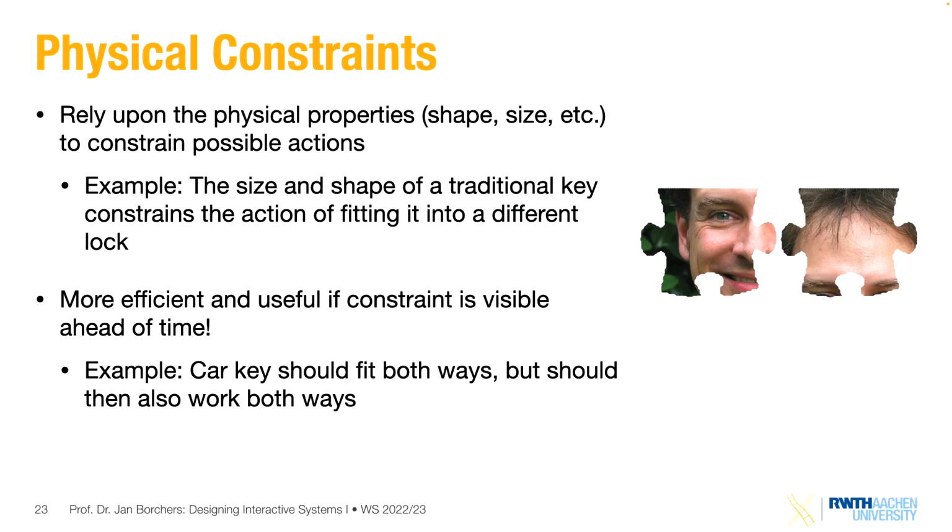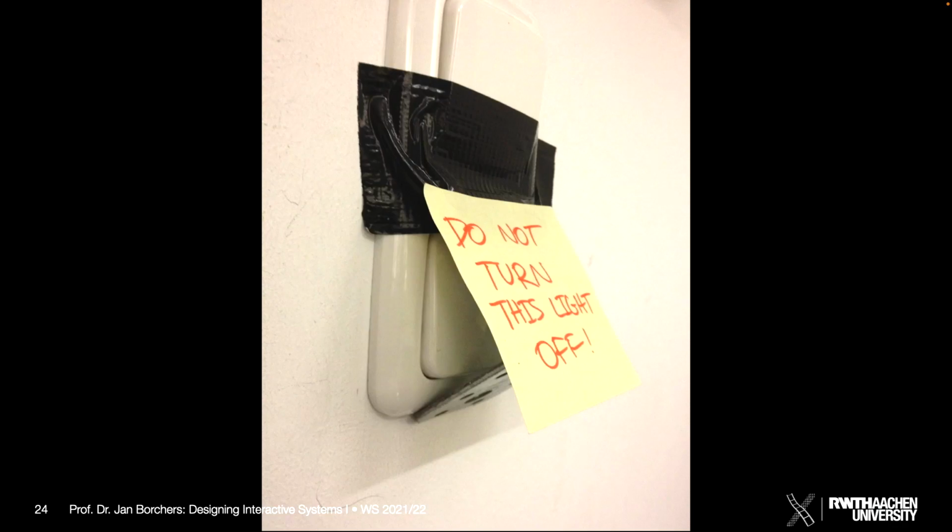Here's another example, a picture taken from our lab. At some point, one of our research assistants was running a load test of a Kinect camera in our open project space overnight, and that meant that the lights should not be turned off. So one of his student assistants put this thing with tape over this.